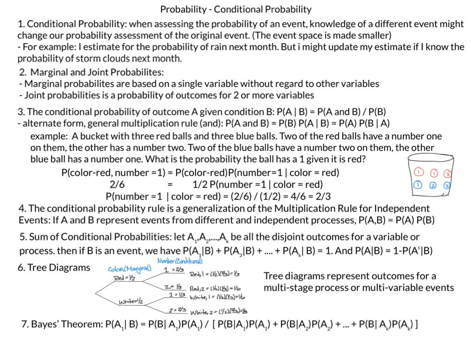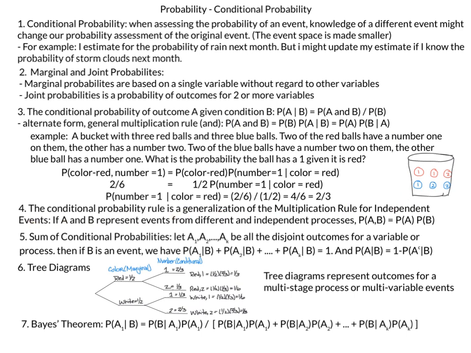We talked about the formula for conditional probabilities. So probability of outcome A given condition B is equal to probability of A and B occurring divided by probability of B. And we have this alternate form that ends up being a generalization of the multiplication rule for independent events.